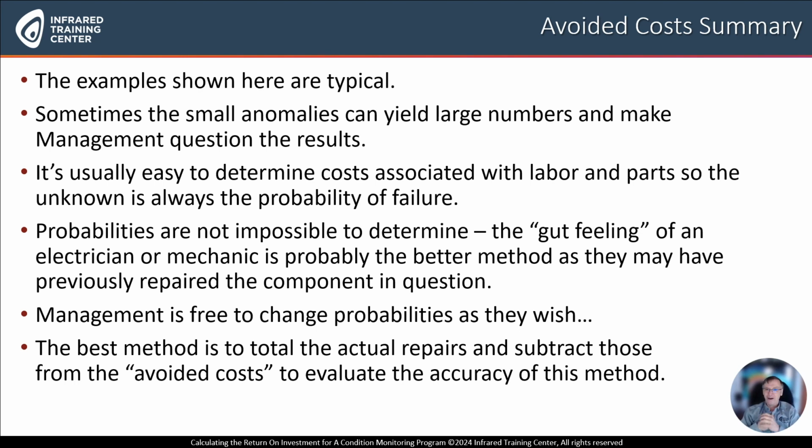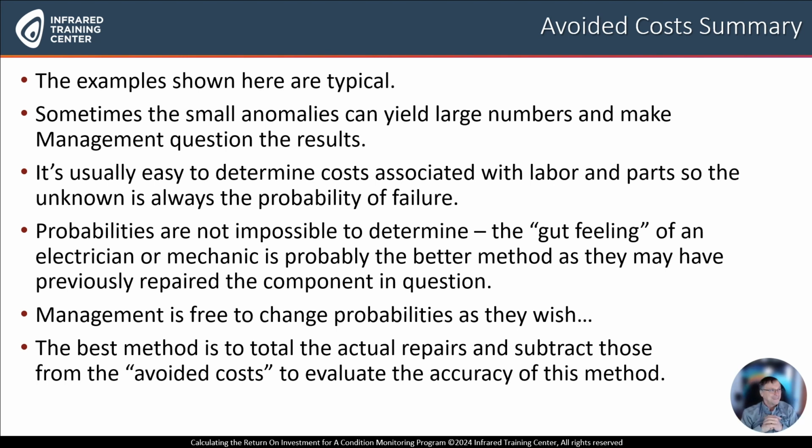And it's not impossible. Sometimes people have a gut feeling, and an electrician, a mechanic, or a planner, or an engineer, they know those systems. They know what has failed in the past and probably what would happen in the future here. And then, of course, we have to work with our management, our supervision, and just assign the probabilities.